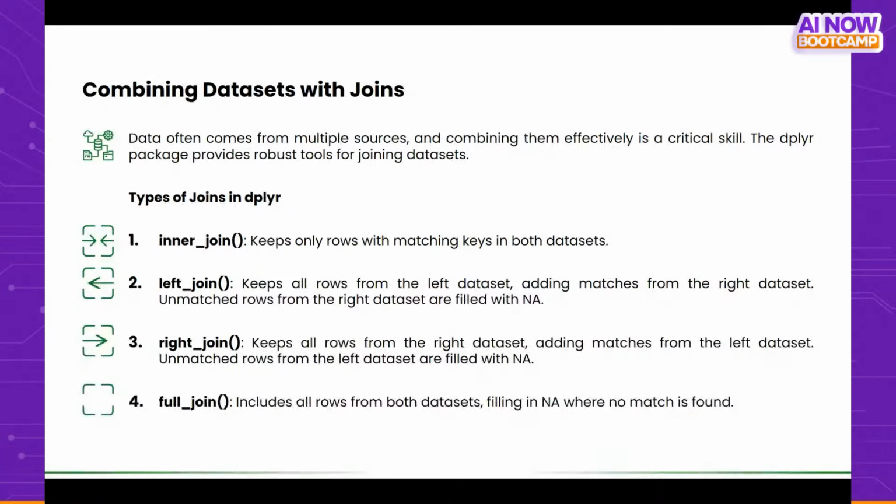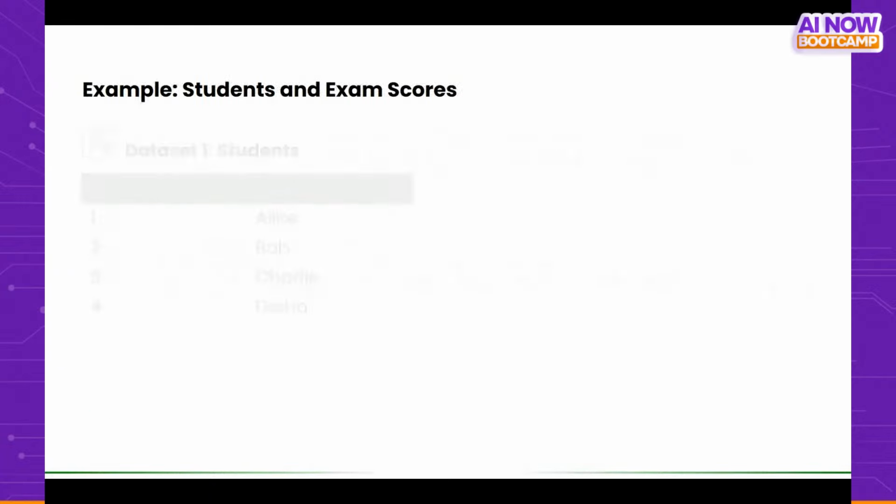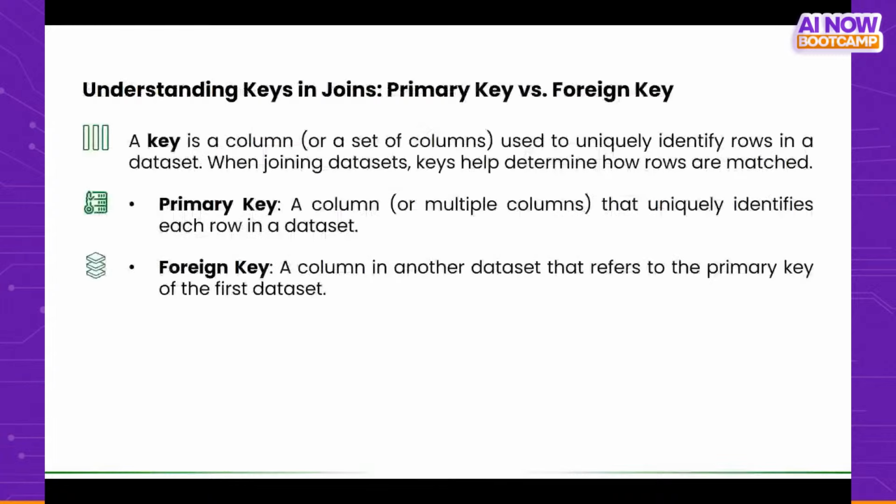Where the foreign key or primary key do not match, that place will return a missing value or null. The right join is doing the same thing. Let me explain with this. First, let's understand what is a primary key and a secondary key.